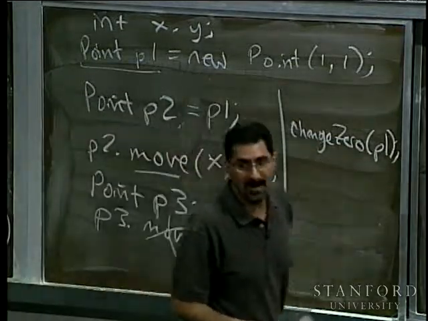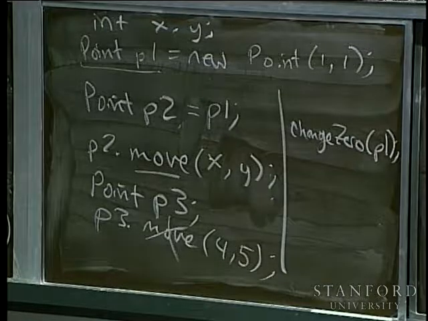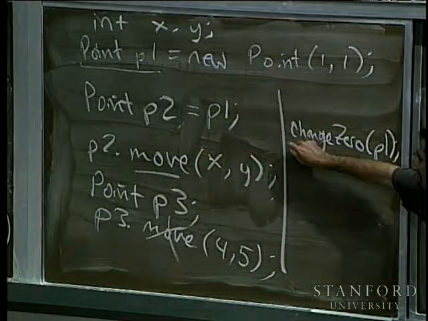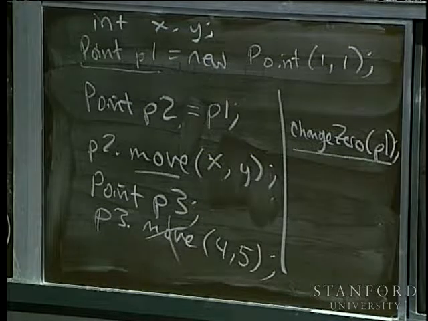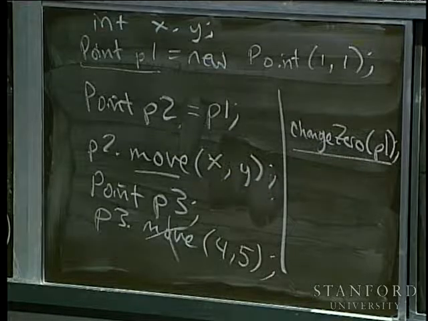What happens when I pass p1? Well, what happens when I pass p1 to this change 0 function is I'm passing where p1 lives. So the parameter I actually pass is the address that's in here.